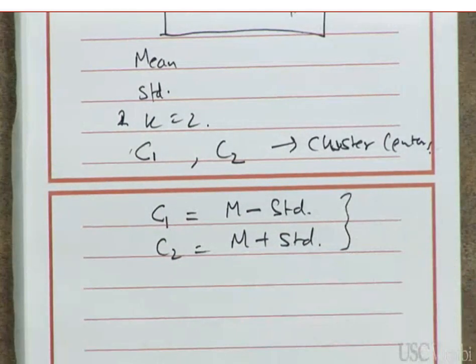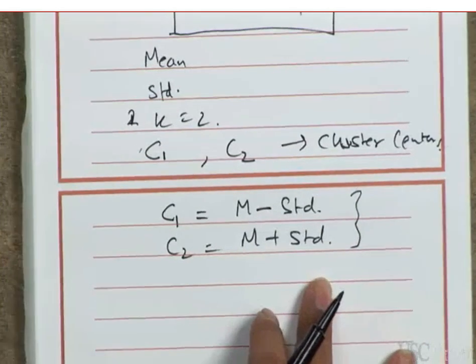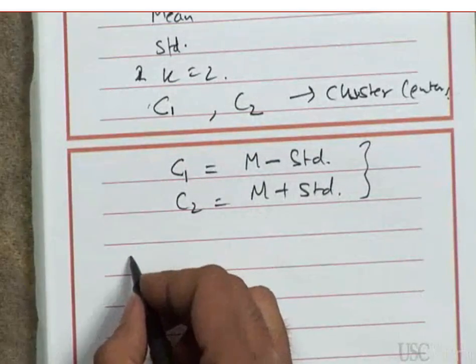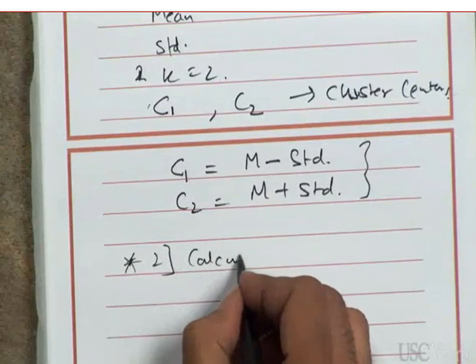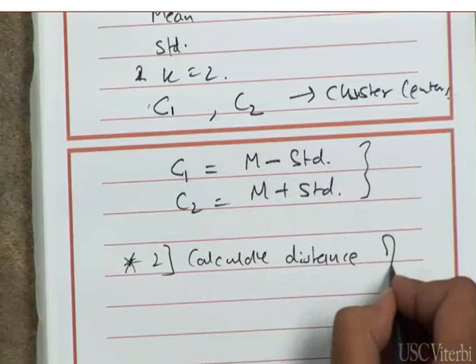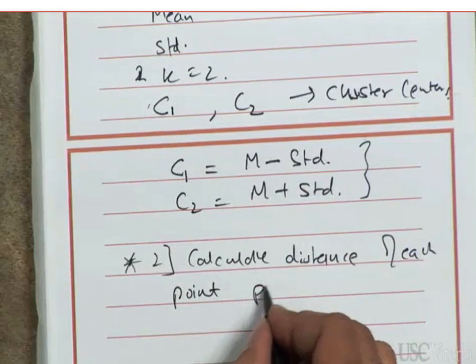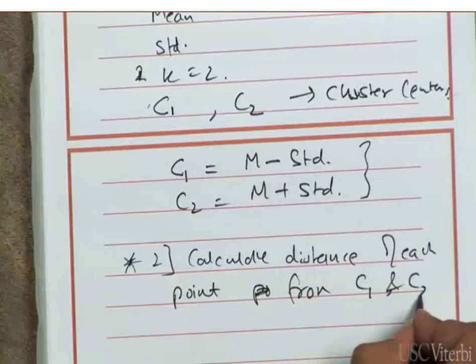Now once I have the initial clusters, what do I do? I calculate the distance of each point from C1 and C2. Okay?